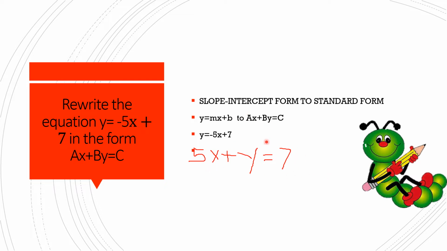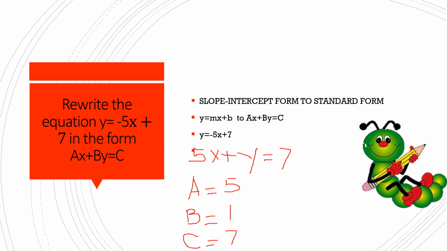It is already in this form ax plus by equals c. So, what is a? Our a is equal to 5. B is equal to 1. And C is equal to 7.